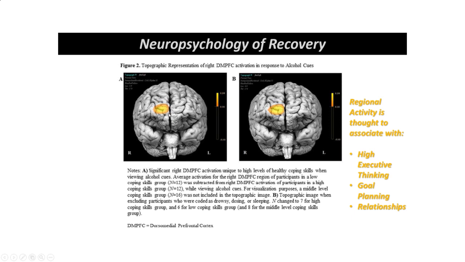I won't explain at this point why there's two different pictures here. But this activation is associated with persons in recovery who have high coping skills to deal with stress. This is activation that those people have that people in recovery who have low coping skills to deal with stress do not have.